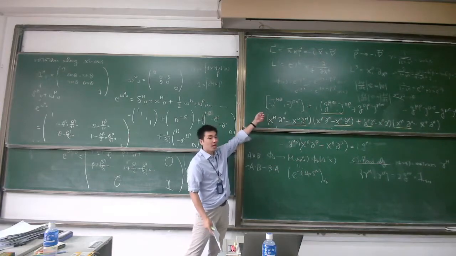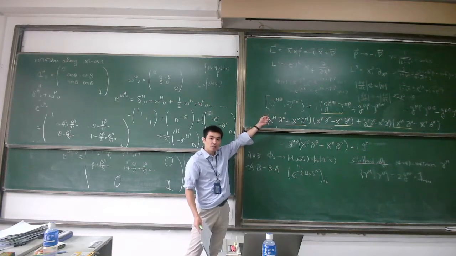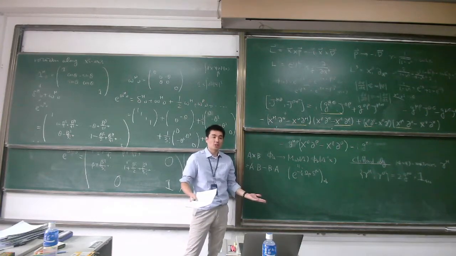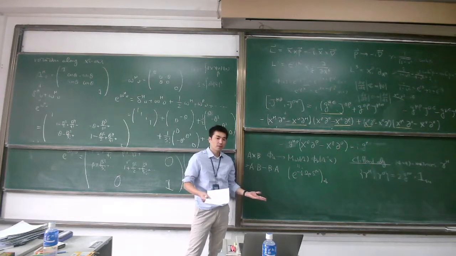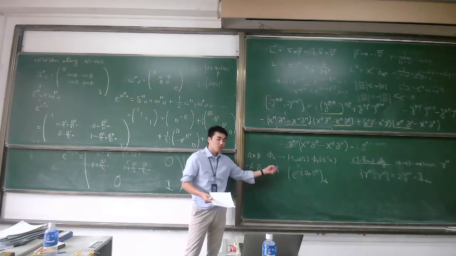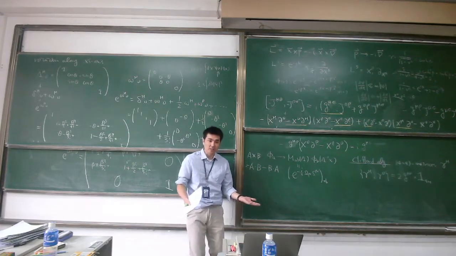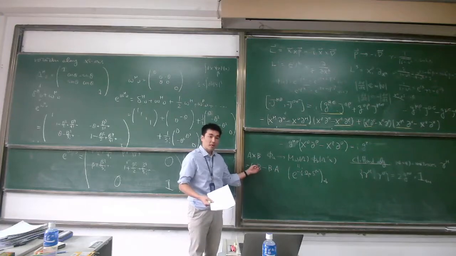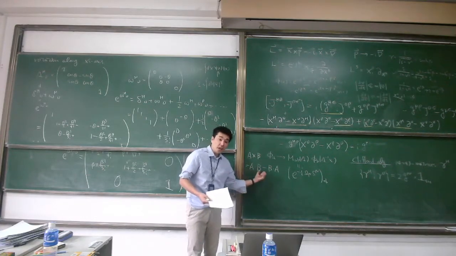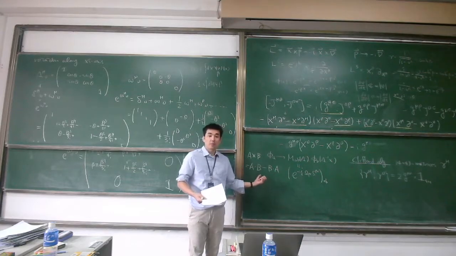That's a Lie algebra. So this dot is ordinary multiplication as a matrix. But in Lie algebra, this is not the multiplication. Lie algebra multiplication should be the commutator of the matrices.